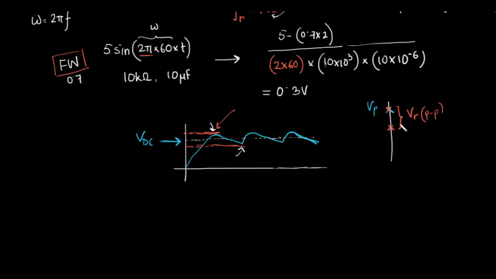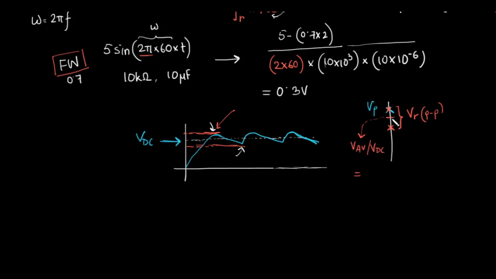So we need to find the average value. The average value will be at the middle of these 2 portions. Okay, this will be our average value, or this will be the DC value, whatever you might want to call it.